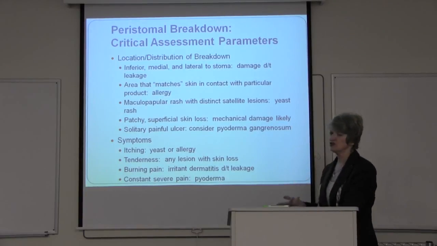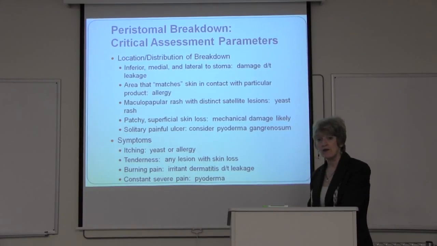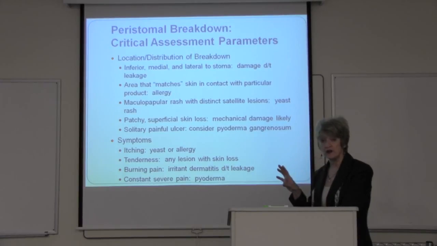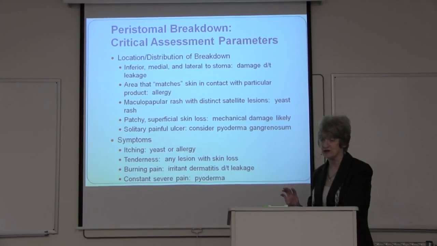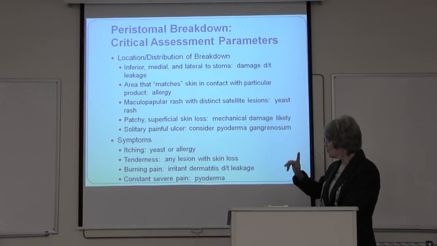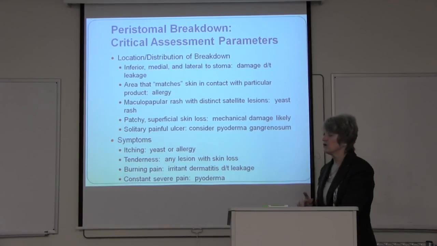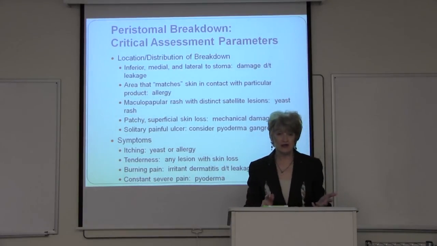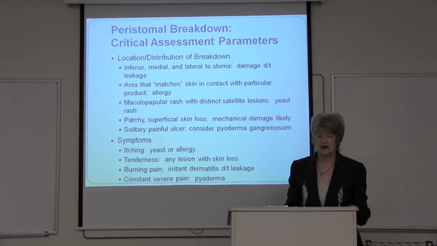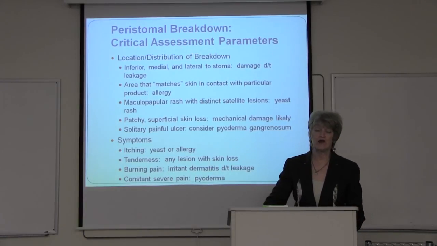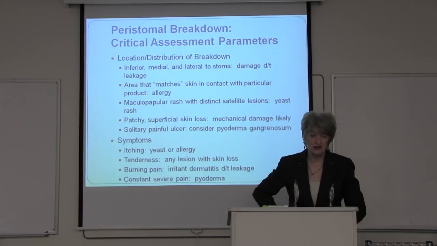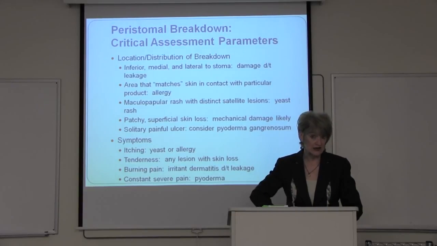Now, in doing differential assessment for peristomal skin breakdown, you want to look very critically at location and distribution, and you want to look very critically at patient complaints. This is on your handout. I'll go through it here. If the damage to the peristomal skin is concentrated in the area beneath the stoma and to the side of the stoma, it almost always is related to the drainage.